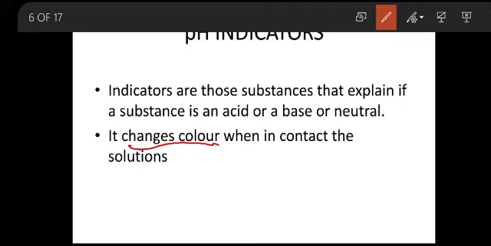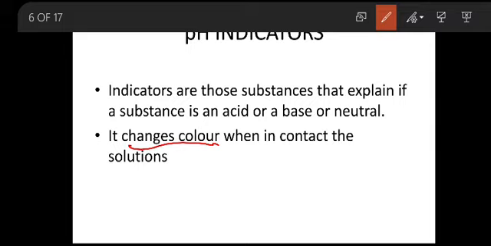Isn't it, children? It is because turmeric powder is actually an indicator. It will help me to detect whether a solution is acid or base. It is a natural indicator of solutions. It shows some changes in its color, that is from yellow to red, especially whenever you add it with a base solution.